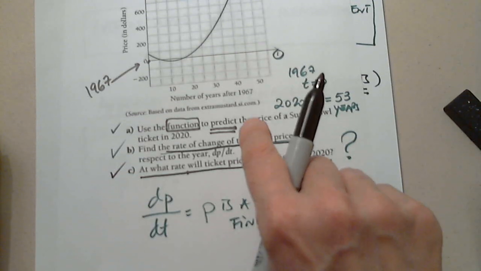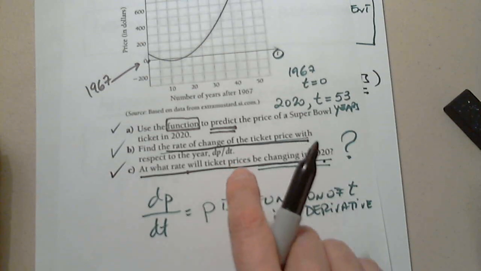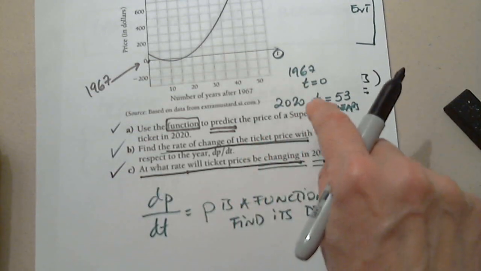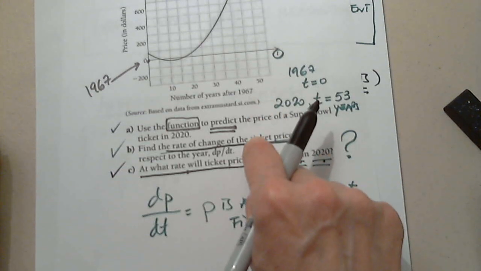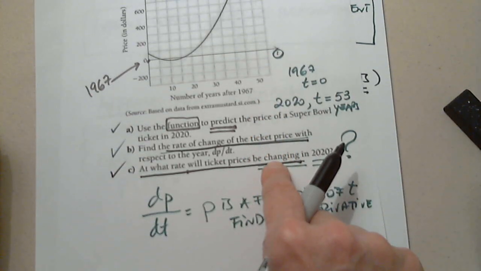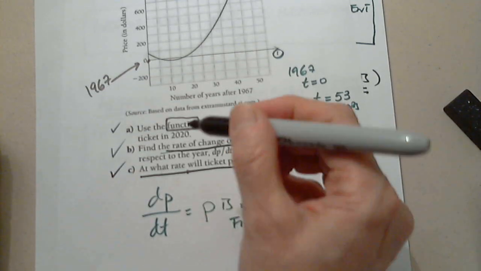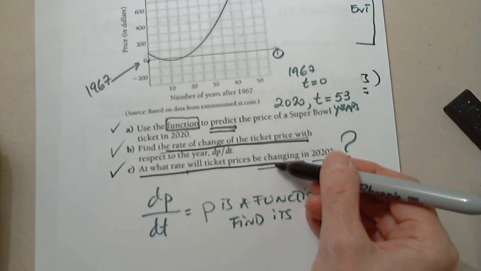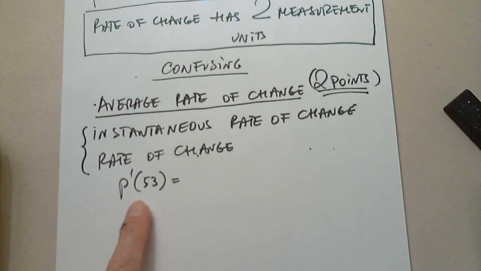This one says, find the function that gives the rate of change. This one says, evaluate this function at 53 to see how fast it's changing, not the value. This function gives the value. This one gives the rate of change. And this one gives the rate of change exactly at 53. Value of the function, the rate of change, the value of the rate of change. So part C is nothing else but P prime of 53.